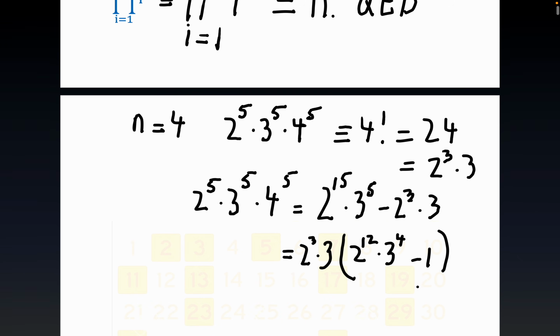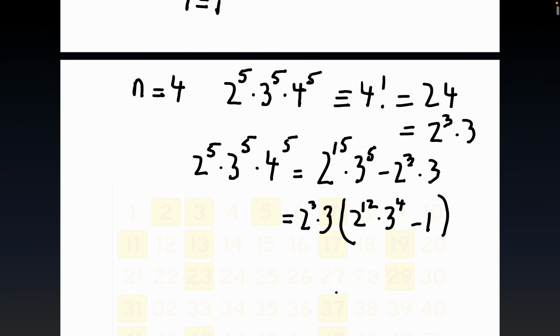But y'all notice this is equal to 4 factorial. Remember, this is equal to 4 factorial. So this object here is a multiple of 4 factorial, which is absolutely equivalent.